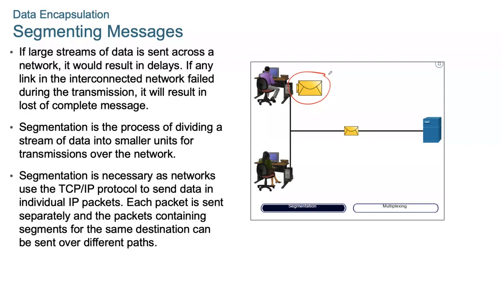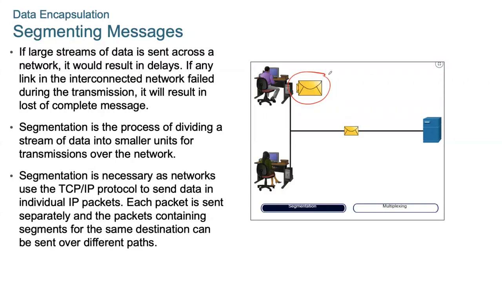If any piece of the message is lost during the transmission, it is easy to send the same piece again, so that on the server side they can reassemble all these pieces and generate the original message.